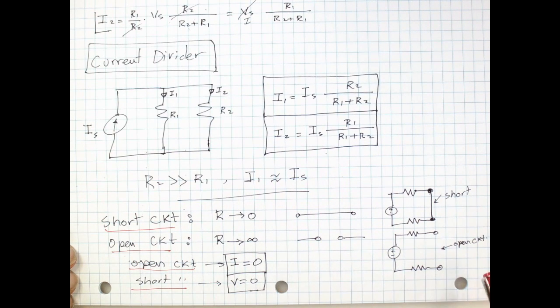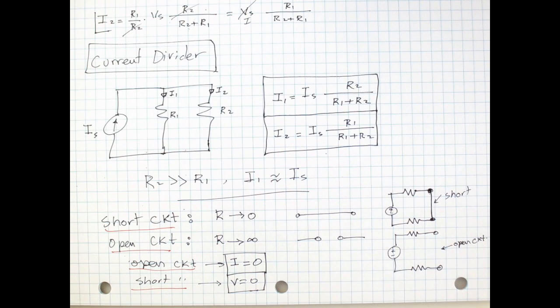Open circuit means that there's infinite resistance between the two nodes. In an open circuit, there's no current flow, and in a short circuit, there is current flow, but the voltage is equal to 0. Again, in an open circuit, there's no current flow, but there's going to be a potential difference. So between these two open terminals, there's going to be a voltage, but there's no current. Here, there is current, but the voltage is equal to 0.